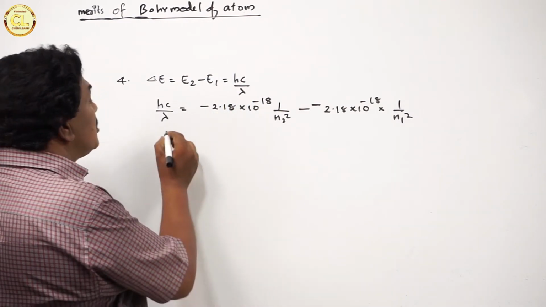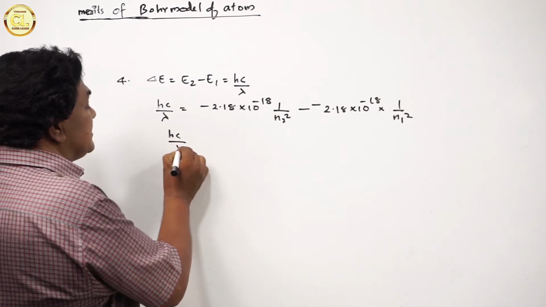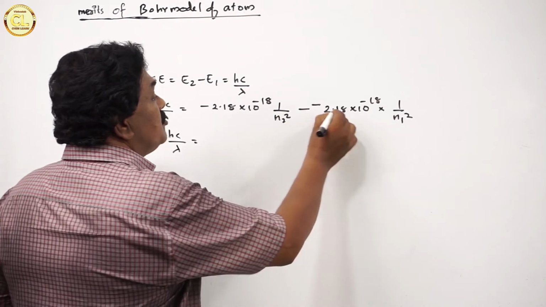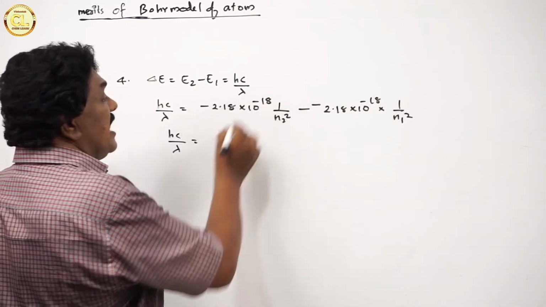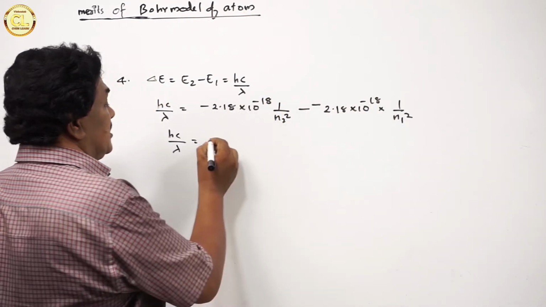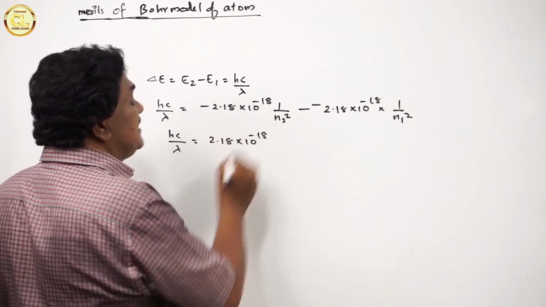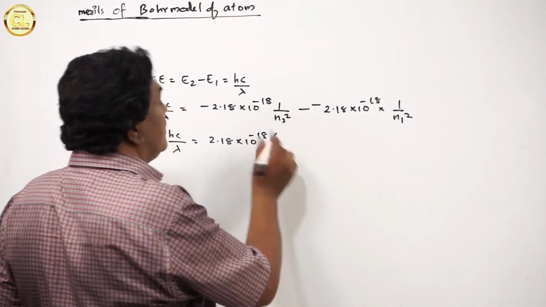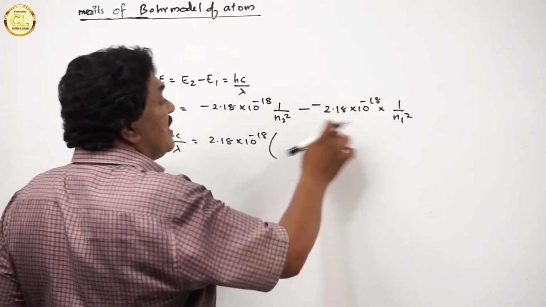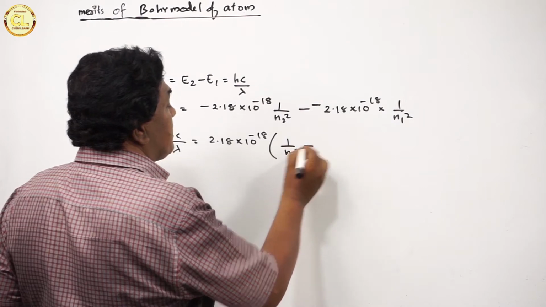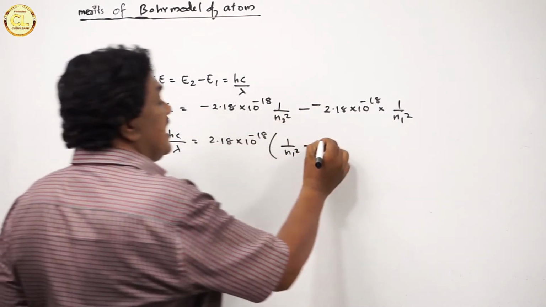Therefore, we can say that hc by lambda is equal to, see, minus of minus plus, and 2.18 into 10 raised to minus 18 becomes the common factor. So 2.18 into 10 raised to minus 18 into, see, this becomes a positive term, 1 by n1 square minus 1 by n2 square.